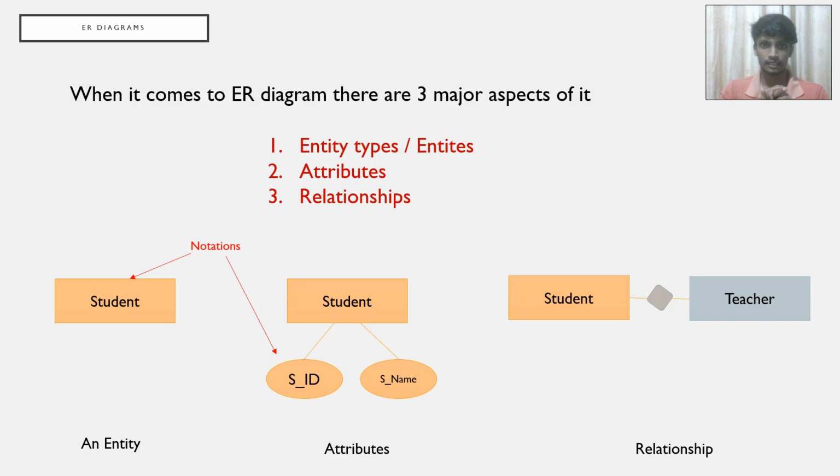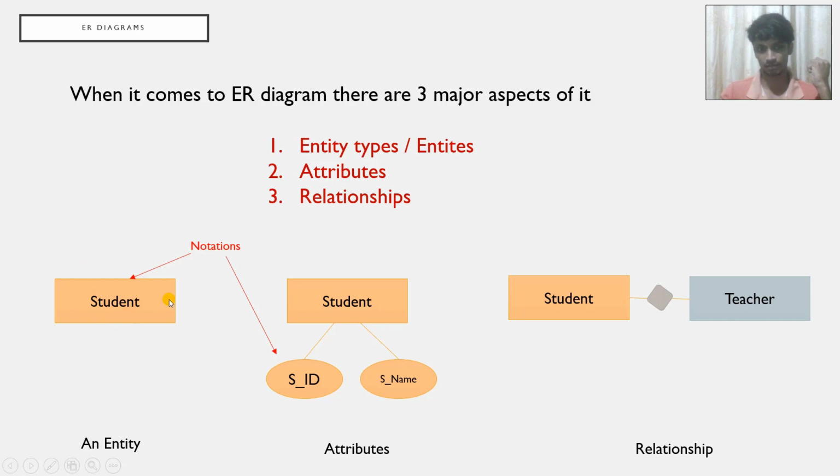Entity types or entities. There is a graphical representation of entities, and at this stage maybe you are not familiar with those notations and symbols, but that's okay. Just remember this is how we are going to represent entities, attributes and relationships.